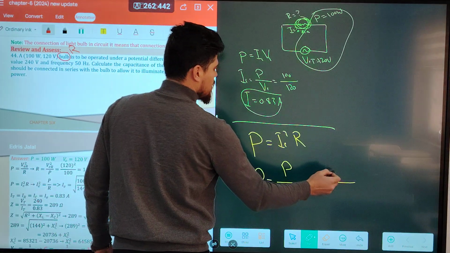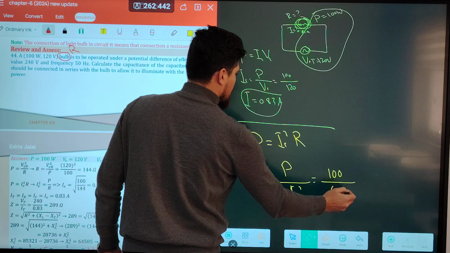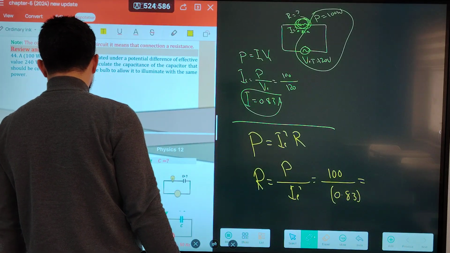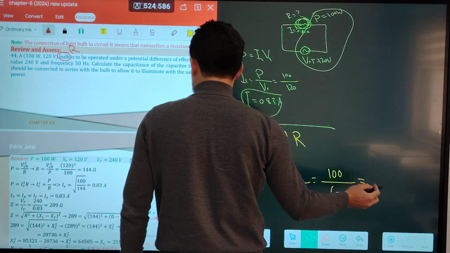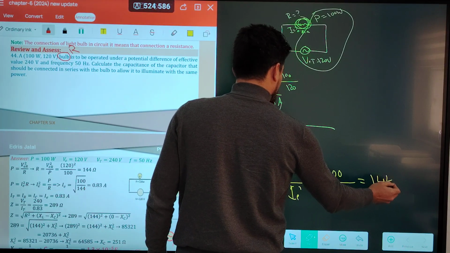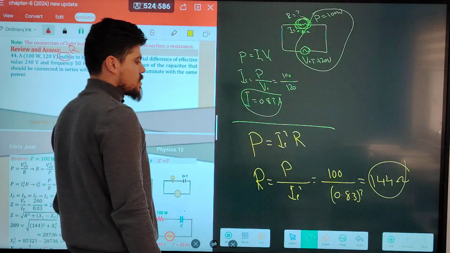Do we have power? Yes. We didn't have the current, but we found 0.83. Which is equal to 144 ohm. This is the resistance of this bulb.